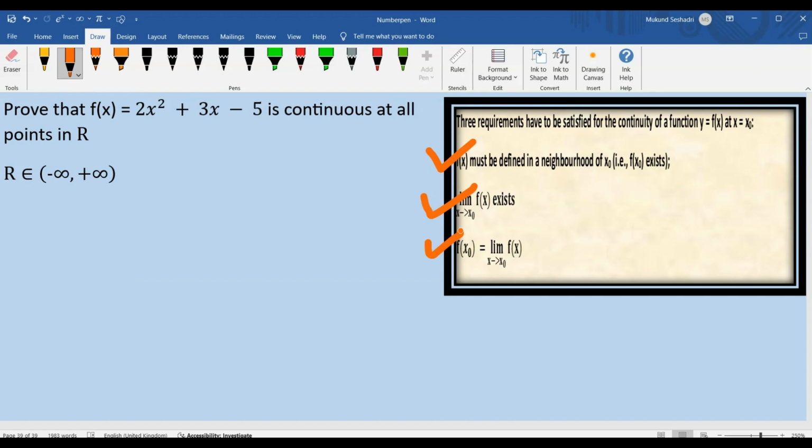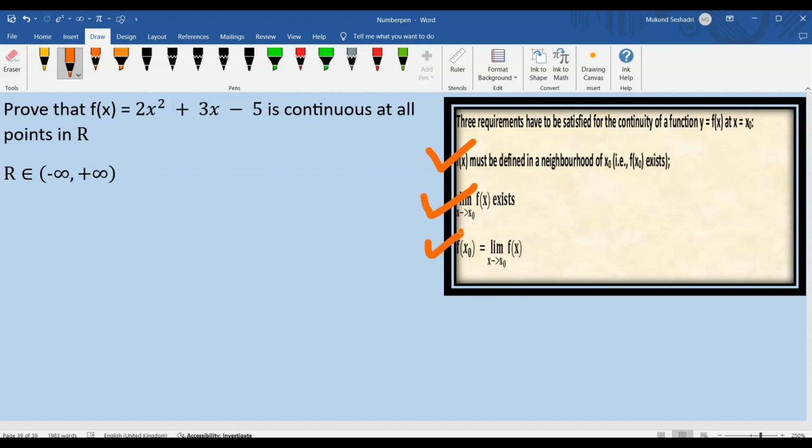So I'm just repeating the three conditions again. One is f of x, the function itself, has to be defined at a particular point x equal to x naught, right? The second thing is whenever x tends to x naught, be it the left hand limit or the right hand limit, we have a finite limit that exists for this function, which is the limit of f of x as x tends to x naught.